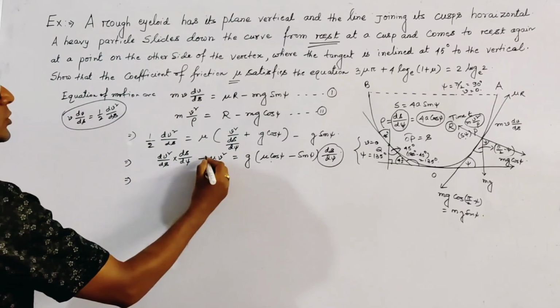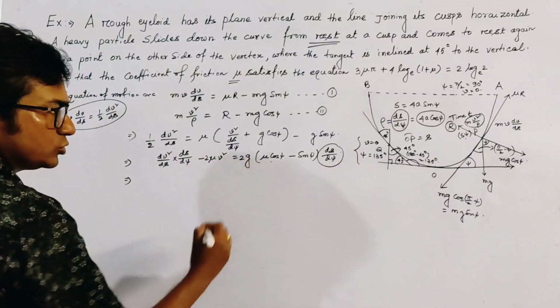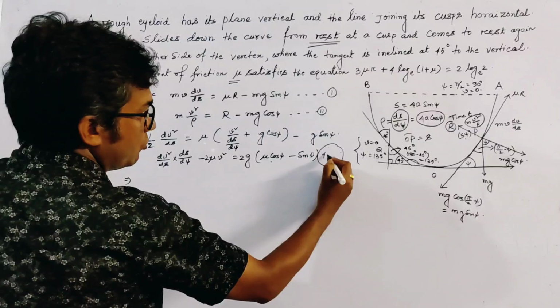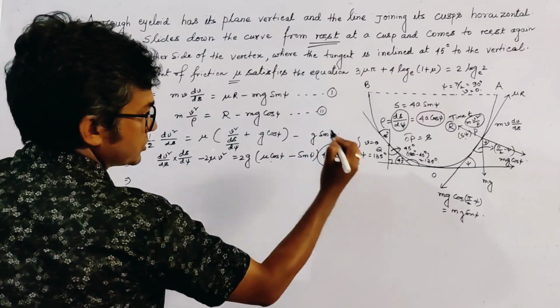Okay, and we multiply 2 on both sides, then we get the relation. This is 2 here, and this is also 2 here, and ds by d psi means 4a cos psi.